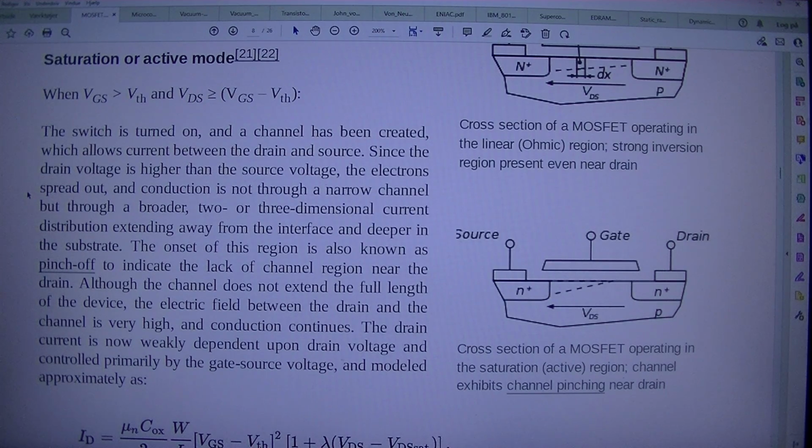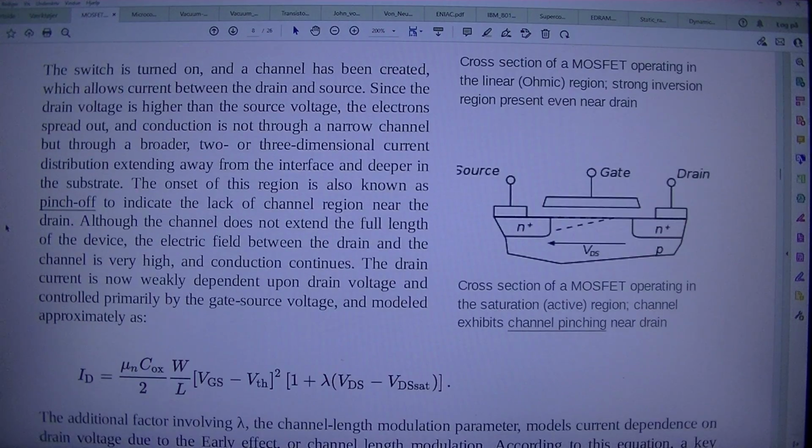The drain current is now weakly dependent upon drain voltage and controlled primarily by the gate-source voltage, and modeled approximately as the following, with the additional factor involving lambda. The channel length modulation parameter λ models current dependence on drain voltage due to the Early effect, or channel length modulation.